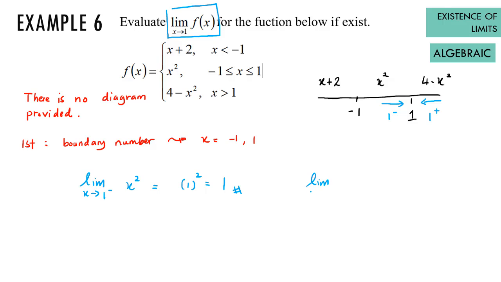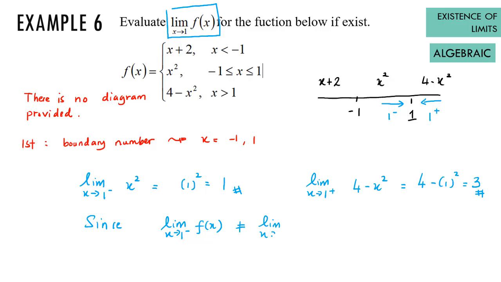Do not forget to write the proper notation for the left side limit and right side limit. After direct substitution, the left side limit is equal to 1, but the right side limit is equal to 3. Obviously, the conclusion is, since the left side limit is not equal to the right side limit, therefore the limit does not exist.